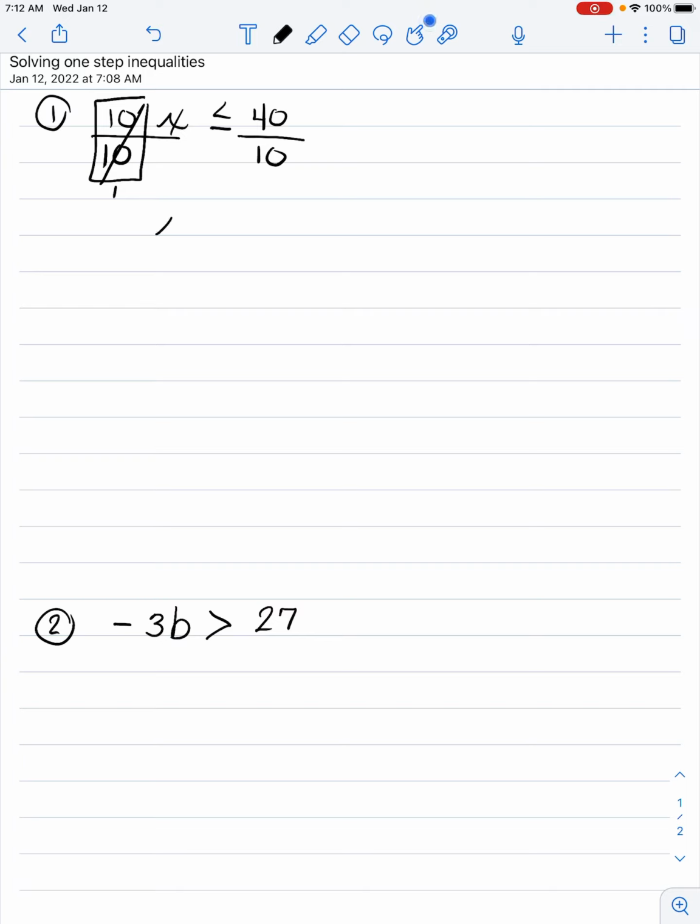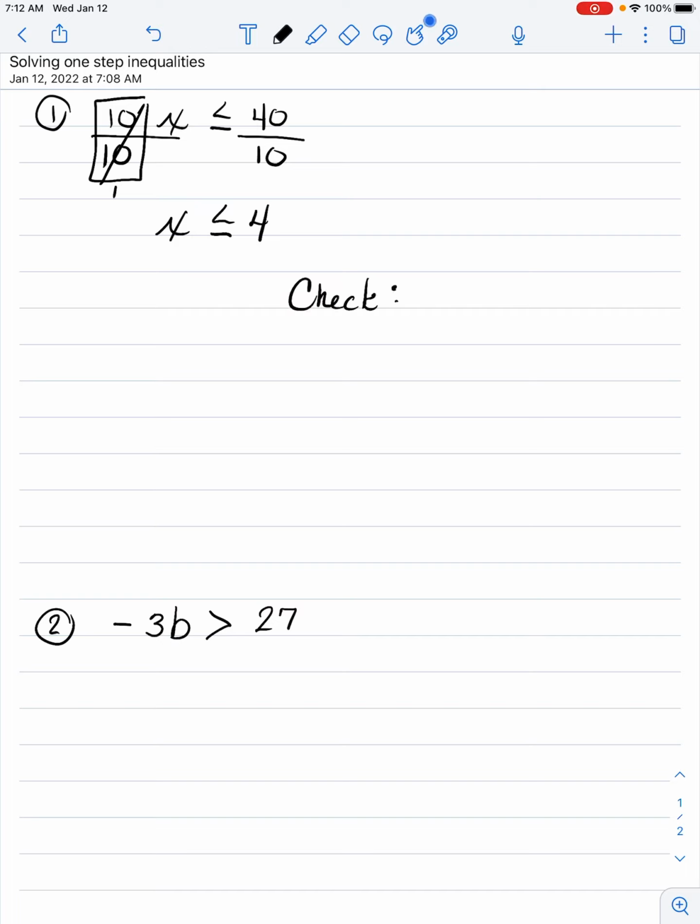So I'm left with x is less than or equal to 40 divided by 10, which is 4. So my solution is x is less than or equal to 4. Before I finish, what I need to do is I need to do my check.